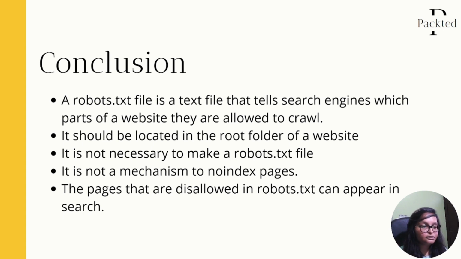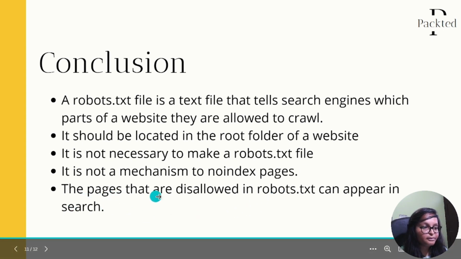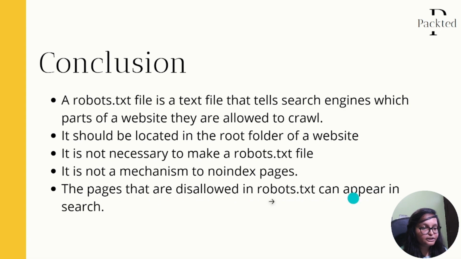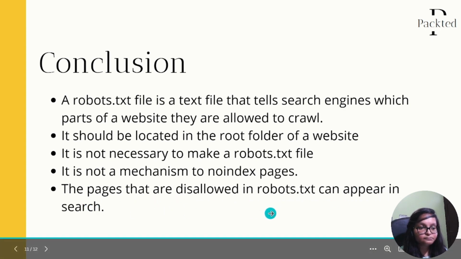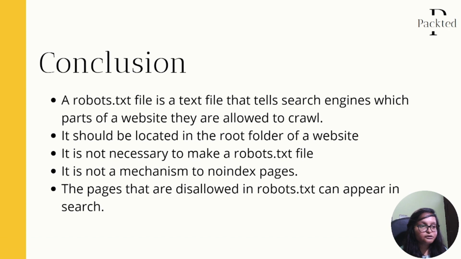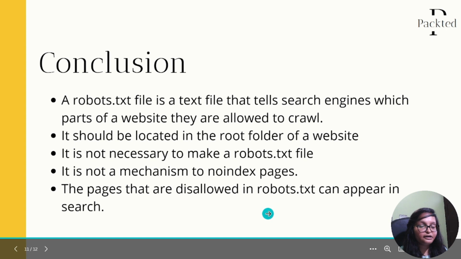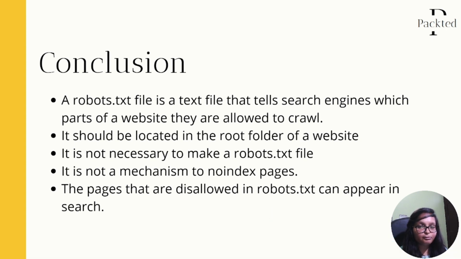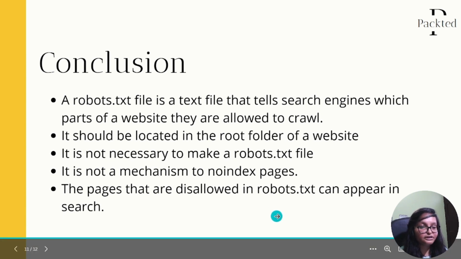And this is the last point, that the pages that are disallowed in robots.txt can appear in the search. So make sure that you are not using robots.txt for noindexing the pages. You can add a noindex tag or use other ways, maybe password protect the page so that they are not appearing in the search. But robots.txt is not a way that you can noindex the pages.